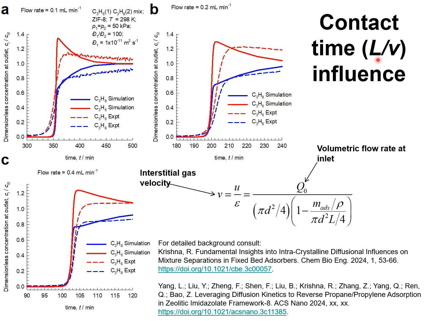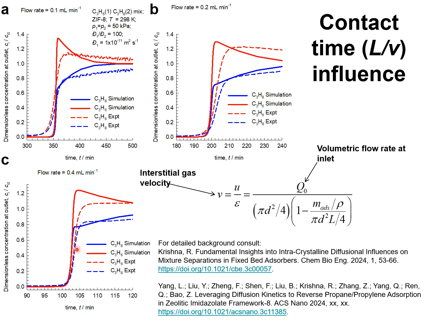The contact time between the gas mixture and the crystals, the average contact time, is the length of the packed tube divided by the interstitial gas velocity. In all these three cases, the contact time is large because of the low gas velocities and low volumetric flow rates used in these experiments.